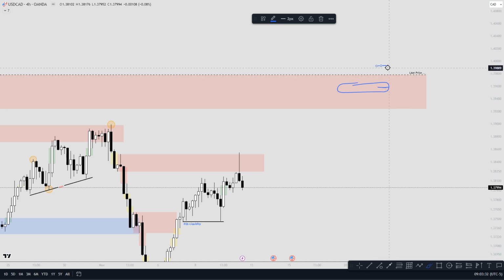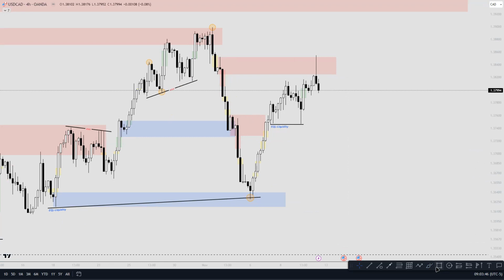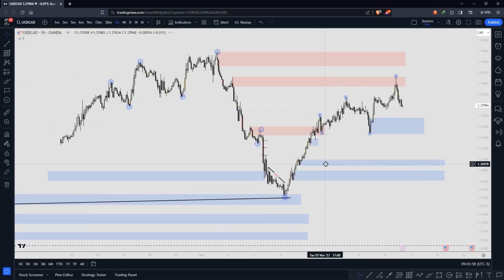Just set your stop loss above the swing liquidity. Maybe you see that price sweeps the liquidity with a shadow, and after that starts going down. Also, if we break this low here, we confirm that we are in a downtrend in the 4-hour time frame. So right now let's go to the 1-hour time frame to see more details.